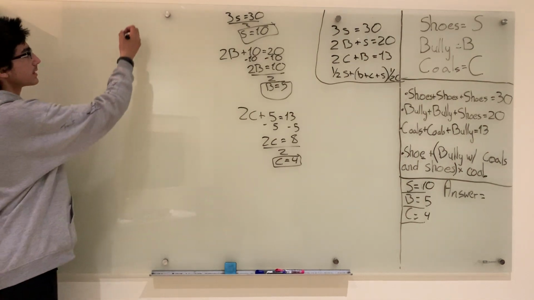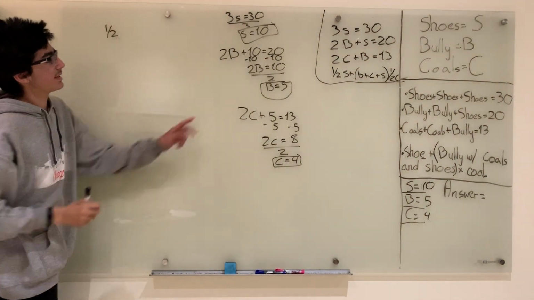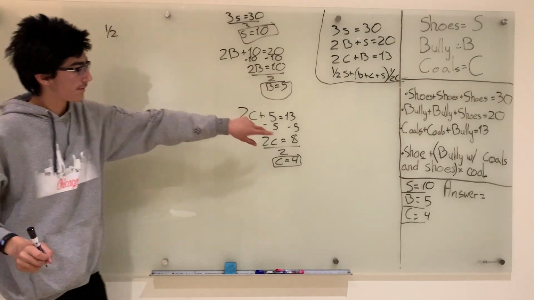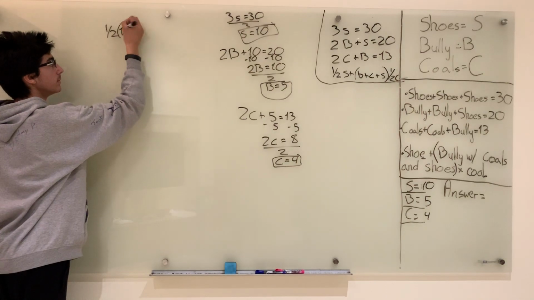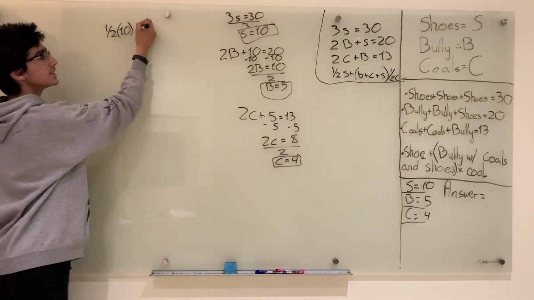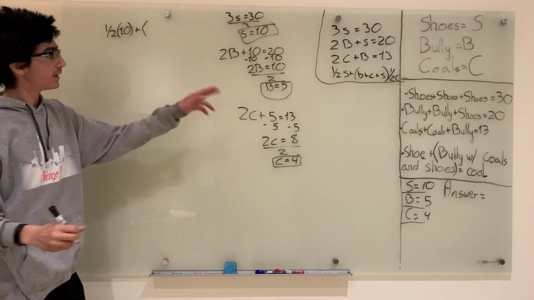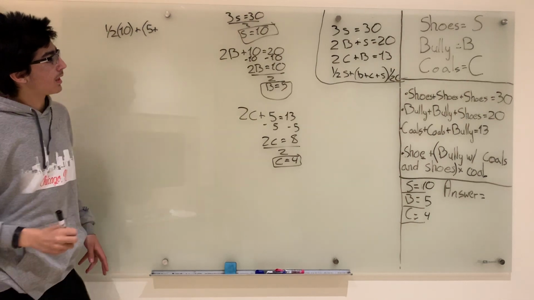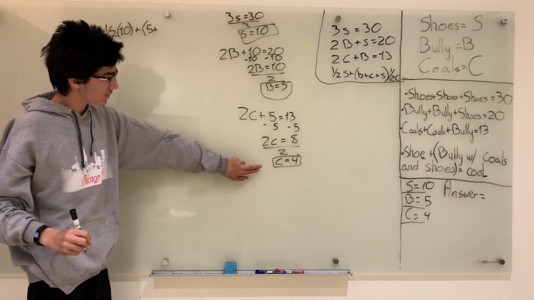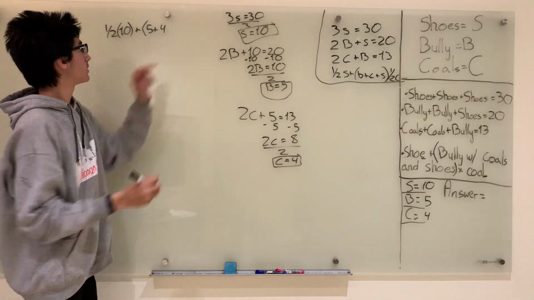So that means we have 1/2 s, and the value of s is 10. So 1/2 times 10 plus the value of a bully is 5, of coals, which is 4, and shoes, which is 10.